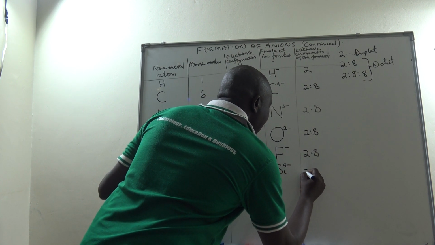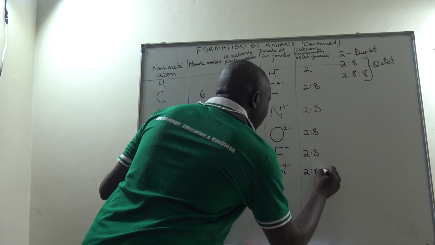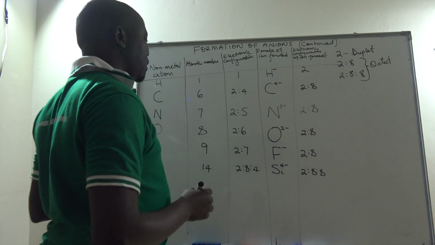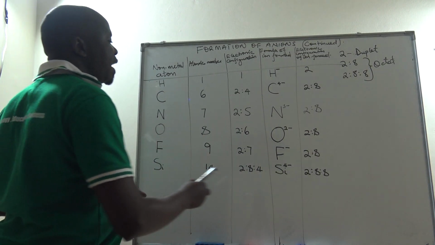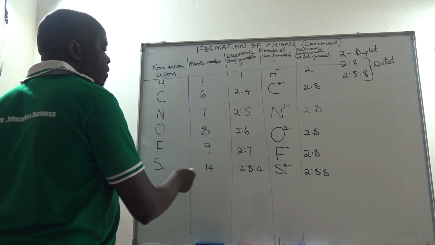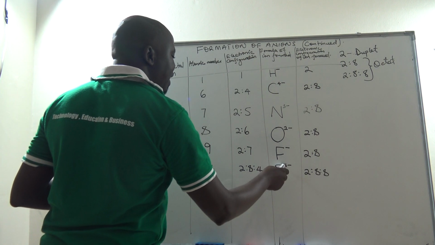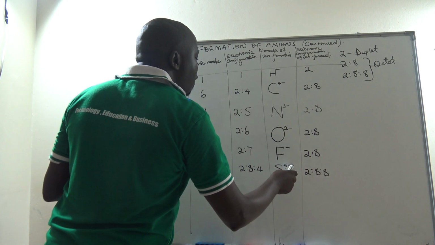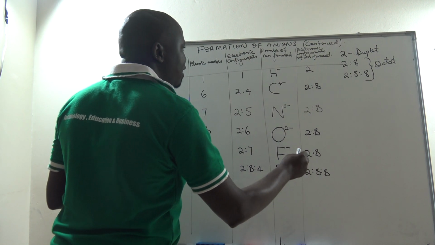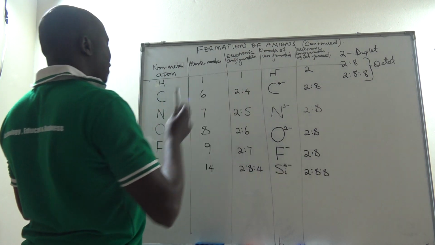And the resultant electronic configuration will be 2, 8, 8 in this case. You can see that it gained 4 electrons here, which is the same as the valency of silicon, which is 4. That's the electronic configuration of the ion of silicon.